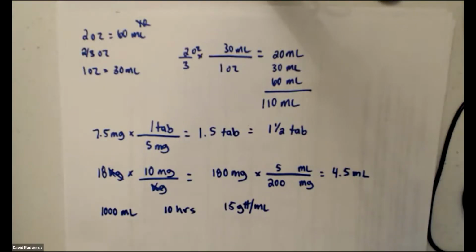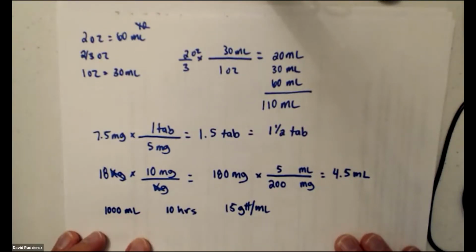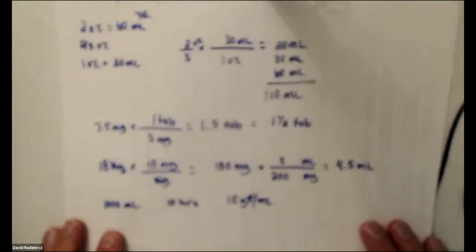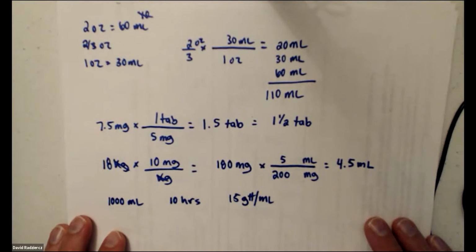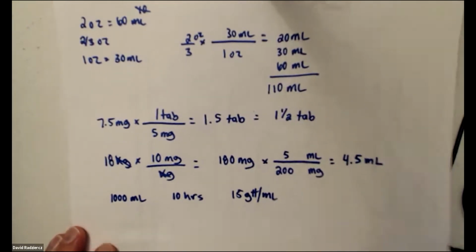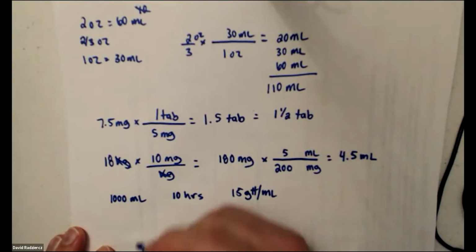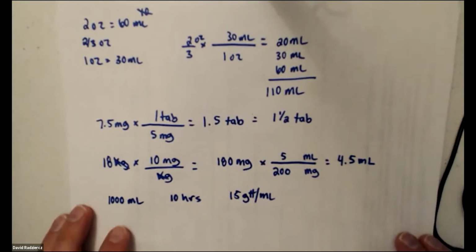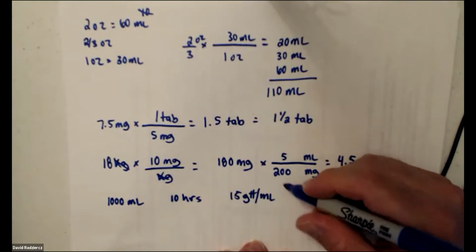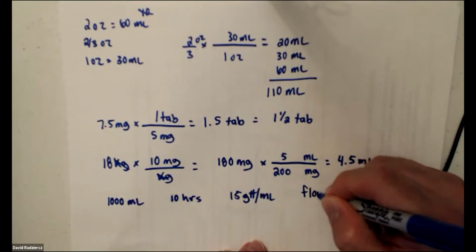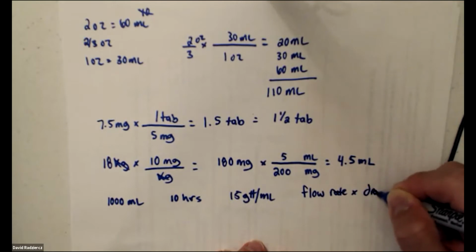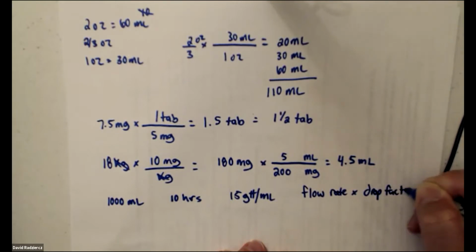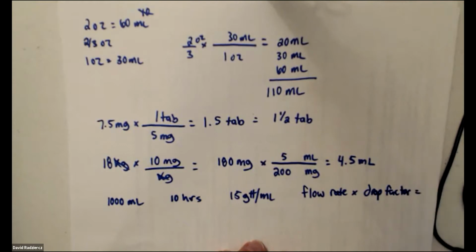All right. When I do this question, I always like to make sure we are setting up the problem before we do anything. First and foremost, anytime you have a drop rate question, there's a basic formula that goes like this: you have your flow rate times your drop factor, and that equals your drop rate.